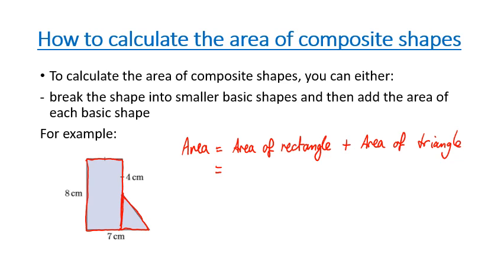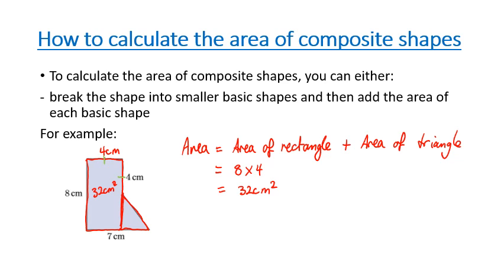Now the area of the rectangle, we know this is 4 centimeters because these two little lines mean that they are the same. So we know the area of the rectangle is 8 centimeters by 4 centimeters, which is therefore going to give me 32 centimeters squared.